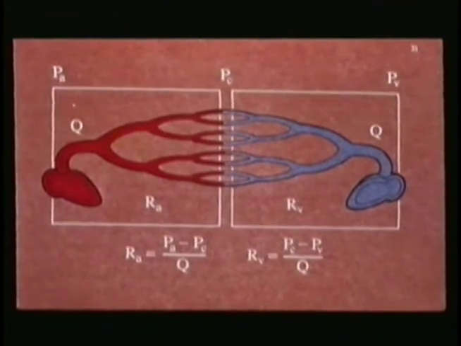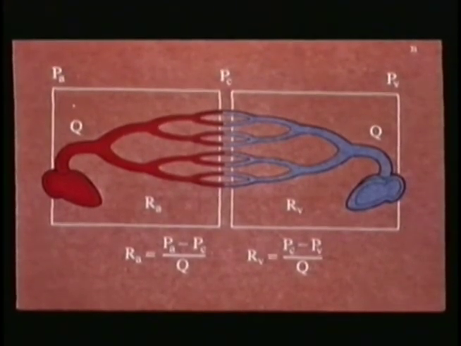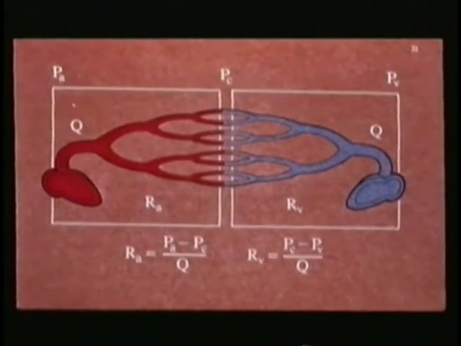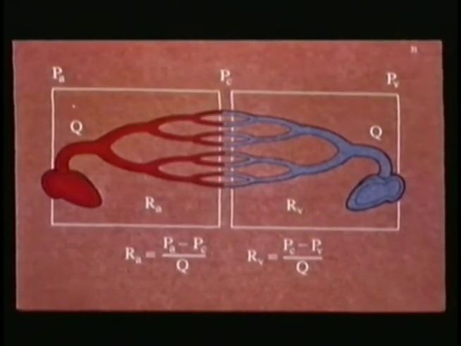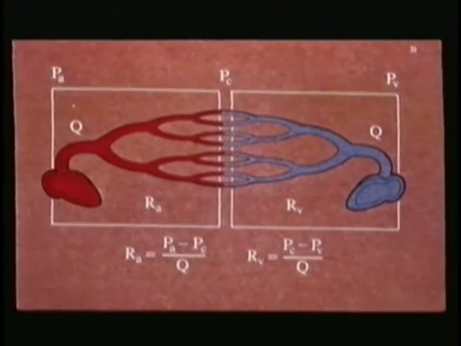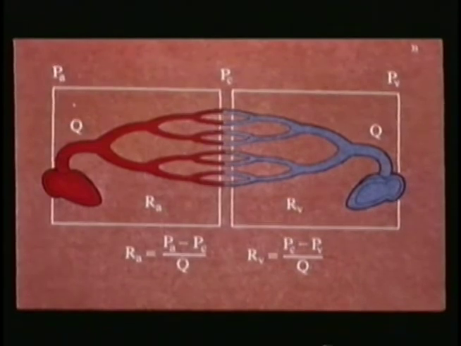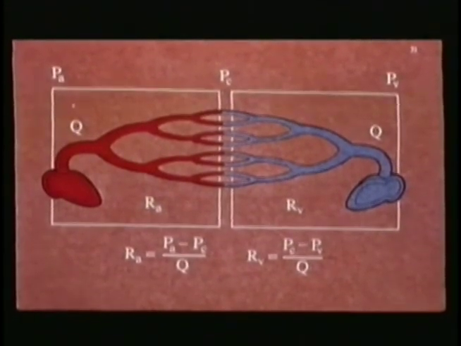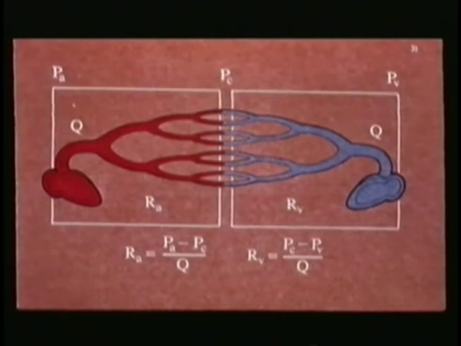It is equal to the difference between mean arterial pressure, PA, and mid-capillary pressure, PC, divided by the rate of blood flow, Q. All resistances downstream on the venous side are considered the post-capillary resistance, RV. It is equal to the difference between mid-capillary pressure, PC, and great vein or right atrial pressure, PV, divided by the rate of blood flow, Q.